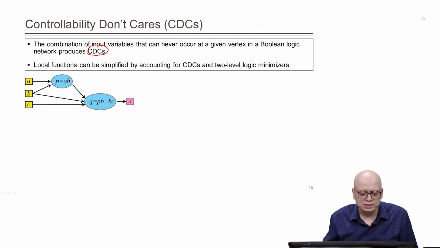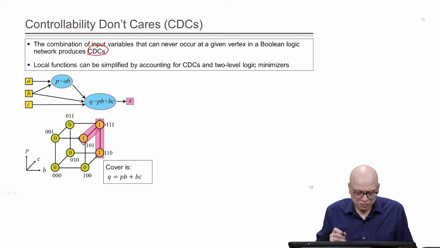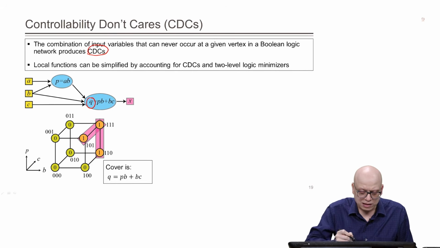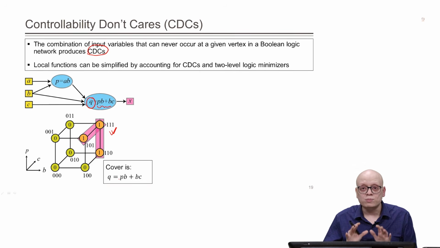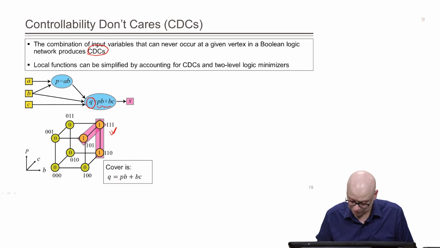For example, consider this logic network. Now, in this logic network, if we consider the node or vertex q, the hypercube representation is shown here, and the function is q equal to pb plus bc, and we cannot further optimize it just by looking at this Boolean logic function, right. There is no scope of further optimization, as is apparent from this hypercube representation.